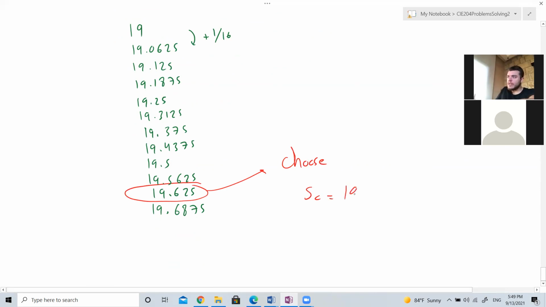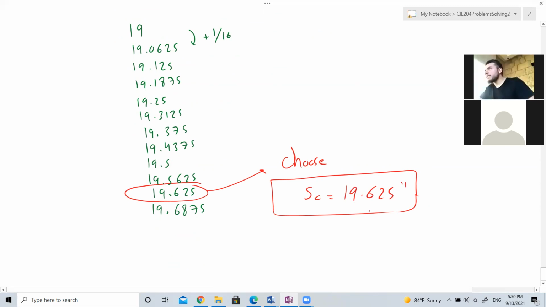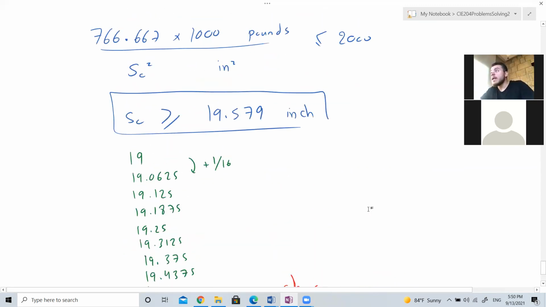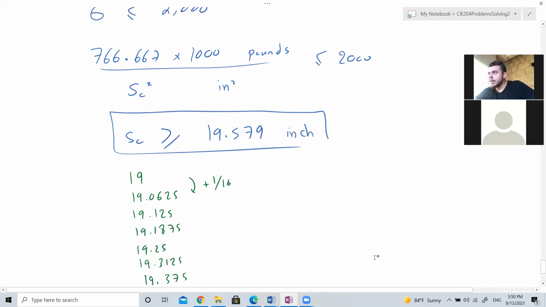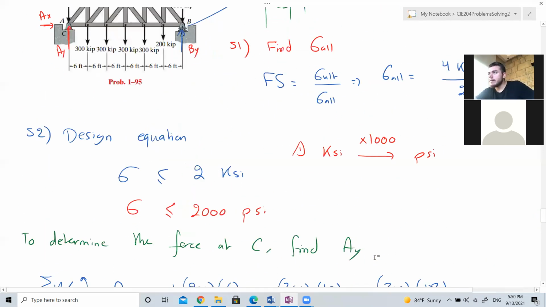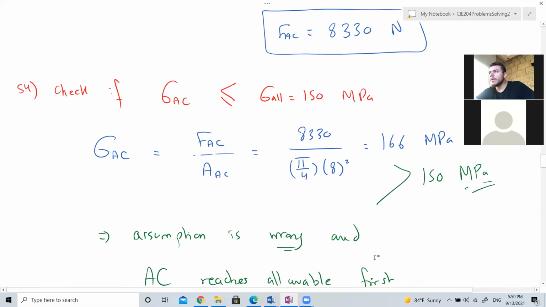Choose SC to be 19.625 inches. Any question? The closest one such that it is larger, surely the larger one, not just the closest. Understood? We are done for today.